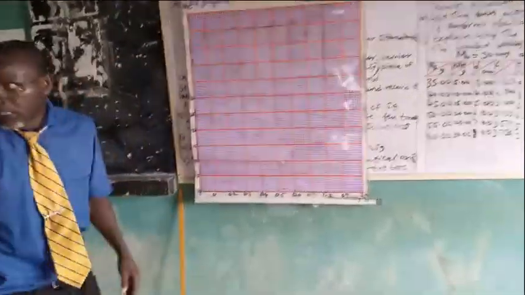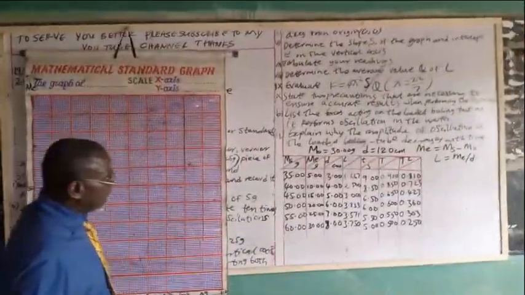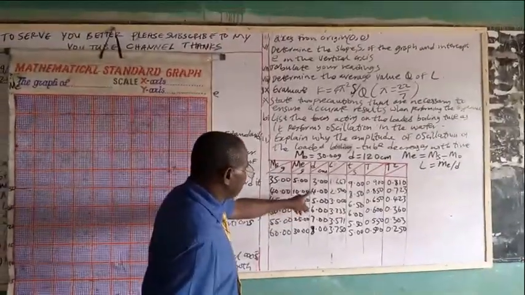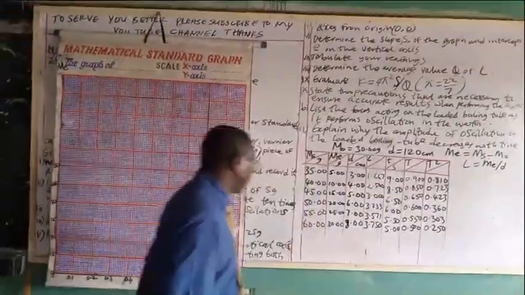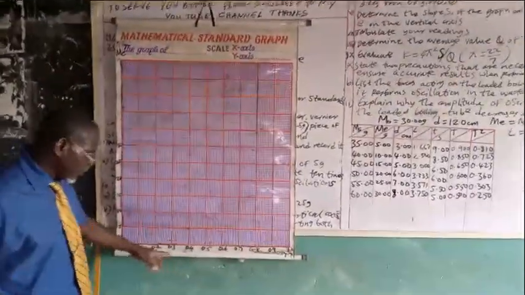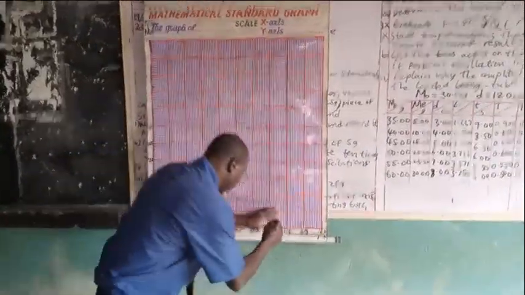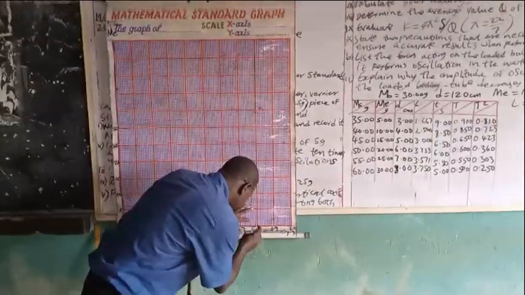Now, we want to start. When M is equal to 5, T square is equal to 0.81. This is 5. This is 0.9, 0.8, 0.81 will be here.